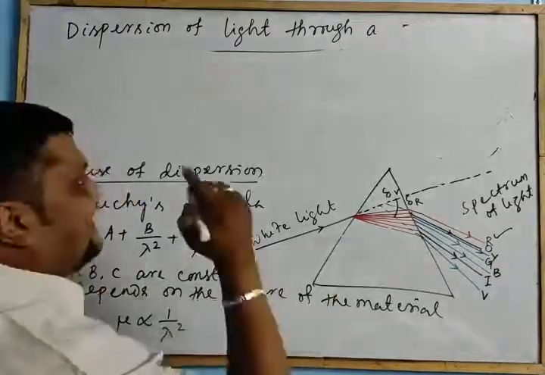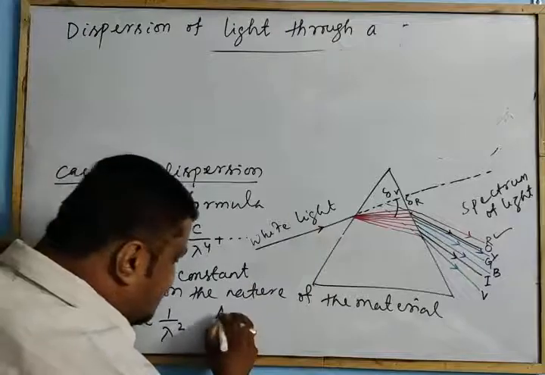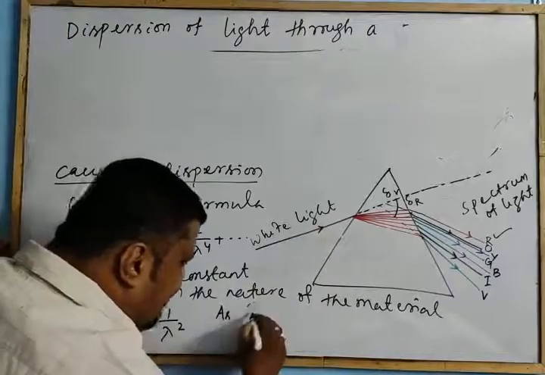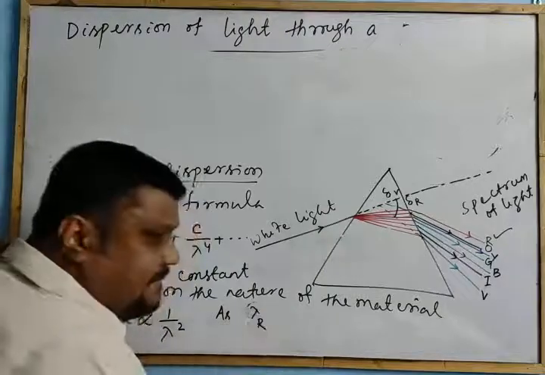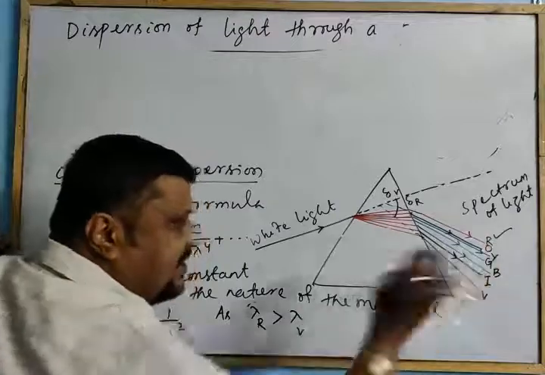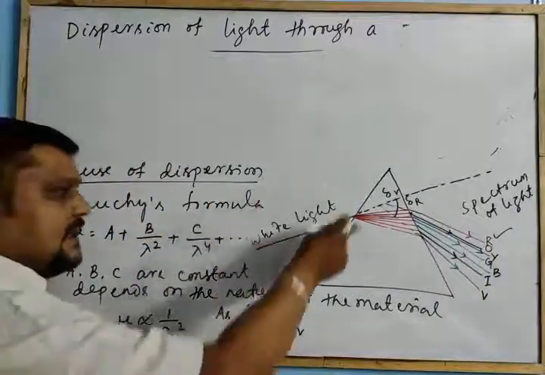Hence, for white light, we are discussing, the wavelength of red light is greater than the wavelength of violet color. I am taking the two extreme colors of the 7 colors in the white light.